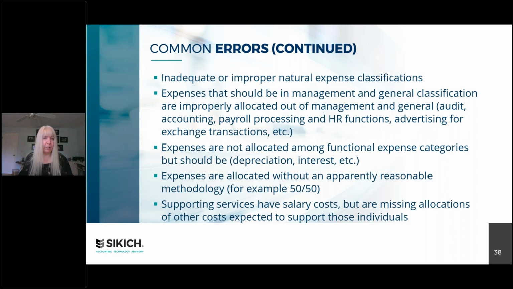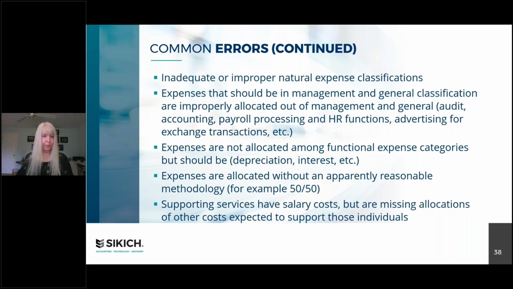Oftentimes you'll see expenses that look like they're allocated without an apparently reasonable methodology. For instance, everything is allocated out 50-50 to program and management and general. Well, think about the not-for-profit's organization and operations. Is that really correct? If you read in the notes that there are several different programs that are doing very different things, is it really appropriate to allocate cost to them 50-50, or should it be on some other basis of allocation?